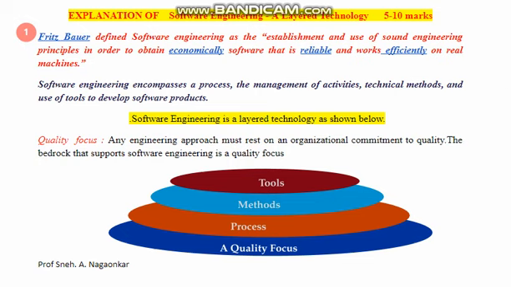According to Fritz, software engineering is a process of developing a software product by the application of all the engineering principles, to provide us a software product which is economical, and which works reliably and efficiently on real machines.